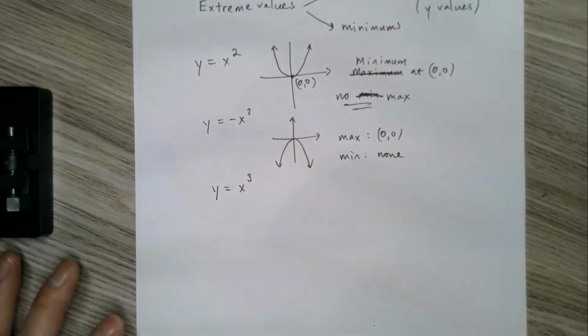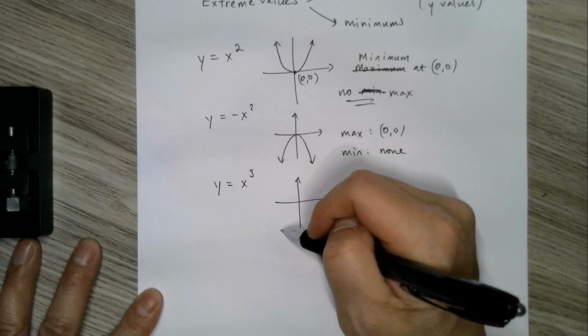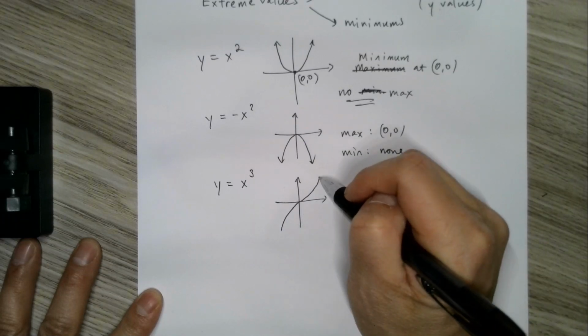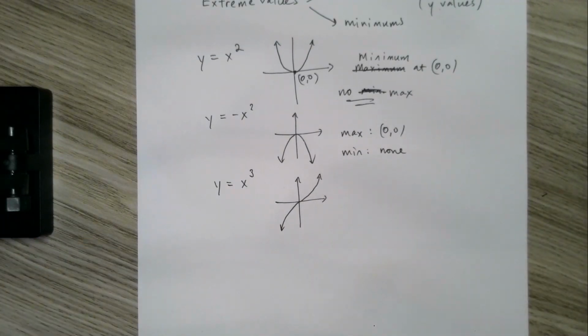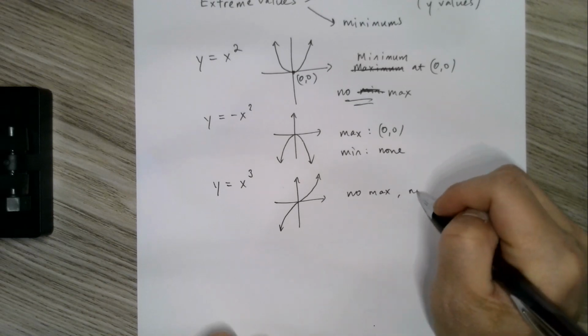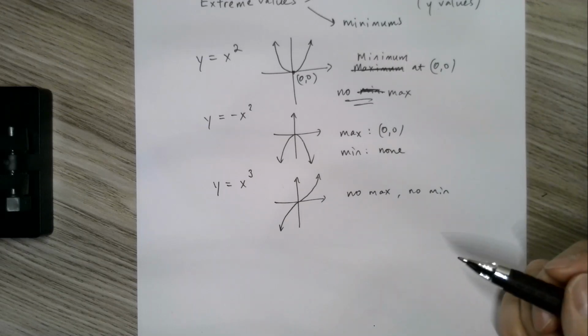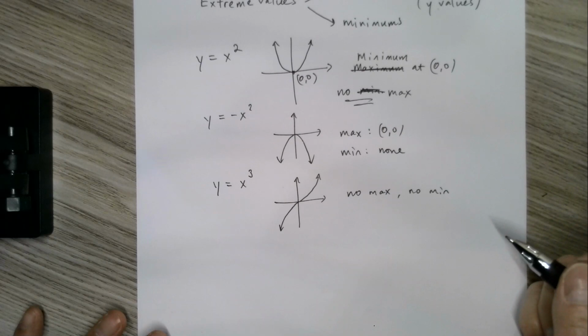This third example is a cubic, and we should all know that it looks like this. And we can see from the graph that there is no max and no min. Okay, so there's a little intro as to what maxes and mins are, and how to identify them from graphs.